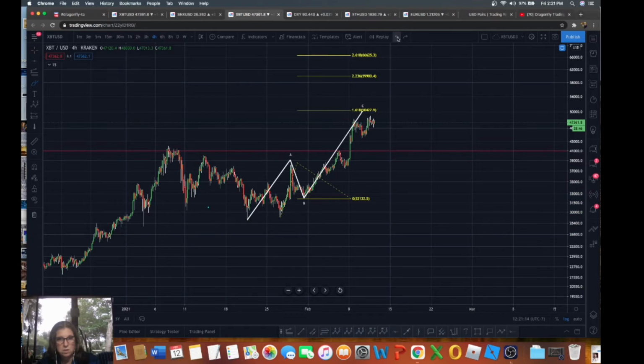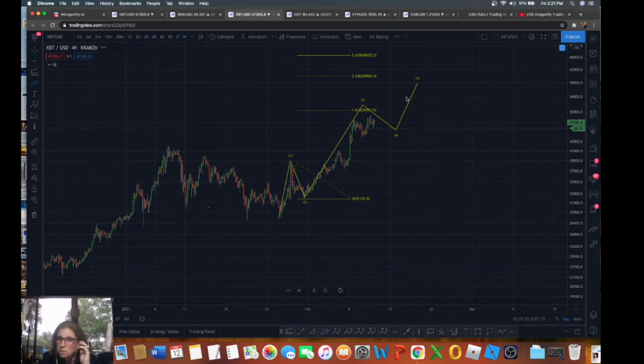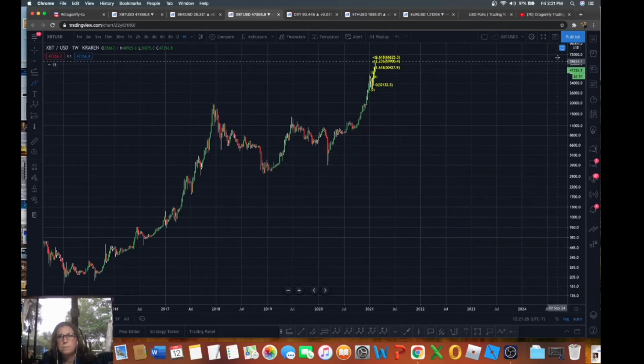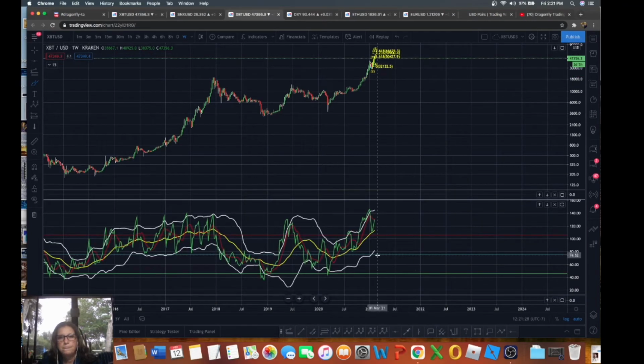Let's take a look at some indicators real quick and see what we have happening. Let's go up to the weekly. On the weekly time frame, we are creating divergence between these 2 points.